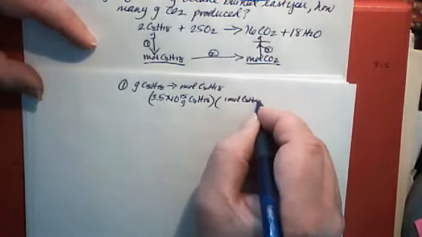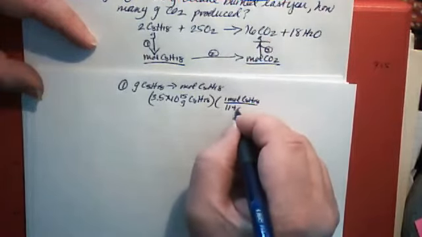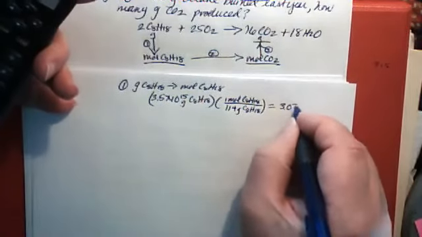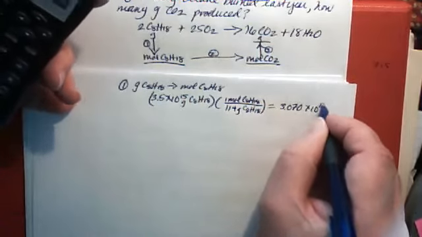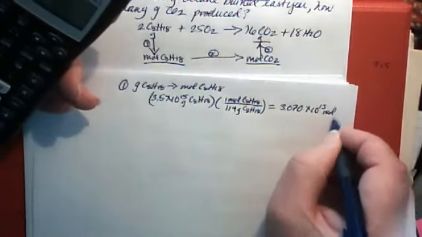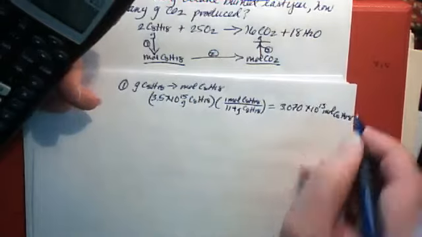And there's 1 mole of C8H18 for every 114 grams of C8H18. And if we take 3.5 times 10 to the 15th power and divide by 114, we get 3.070 times 10 to the 13th moles of octane.